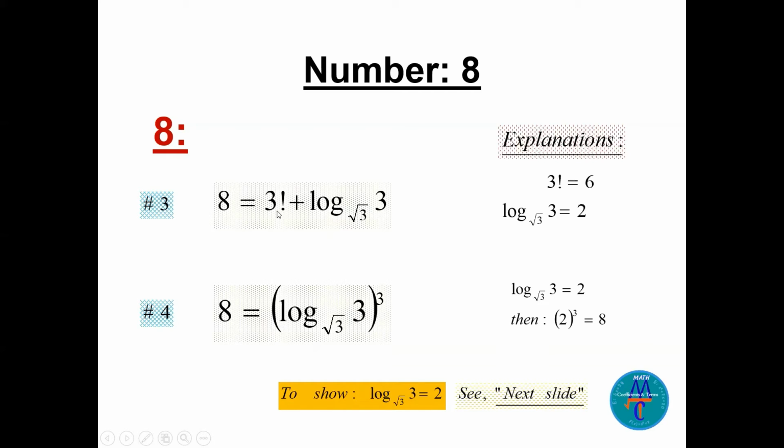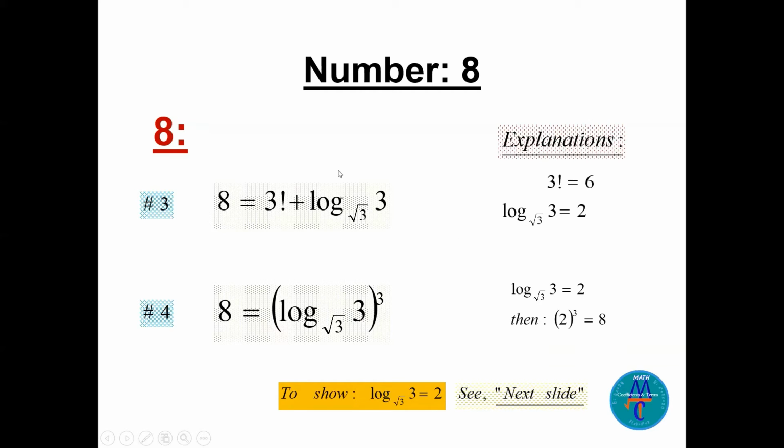Method number 3 will be 3 factorial, which is 6, plus log base square root of 3 of 3. So the argument here, we call it 3, and the base square root of 3, which is 2. I will explain on the next slide why this is 2. So 2 plus 6 is 8.